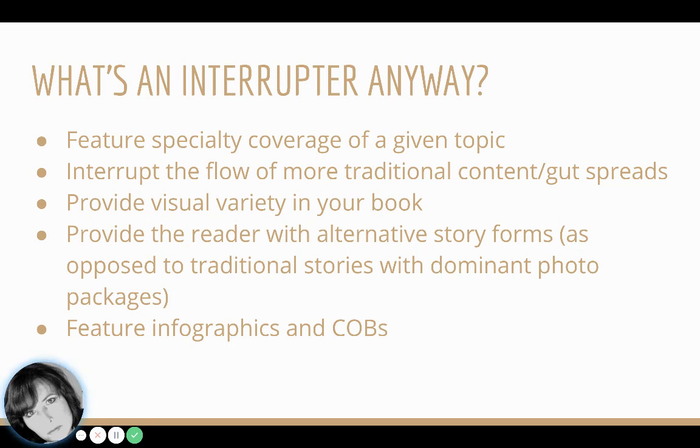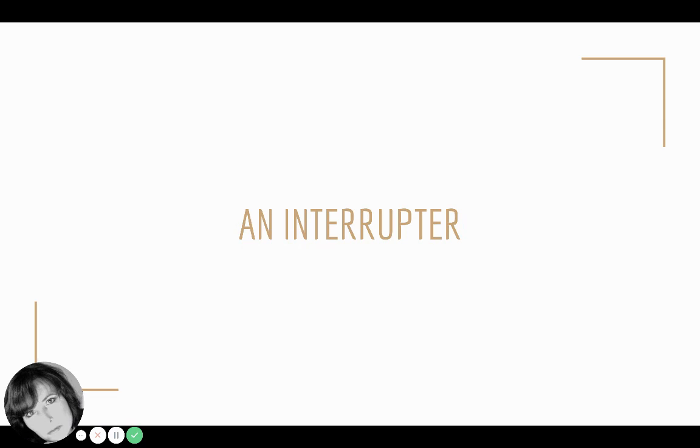It also provided the reader with alternative story forms, as opposed to traditional stories with dominant photo packages and dominant stories. Instead, you started to see these specialty spreads with infographics and cobs, and they were really visually enticing. An interrupter spread is not going to look like your traditional dominant layout or a gut spread, a content spread.